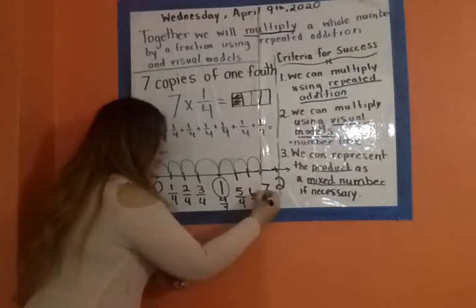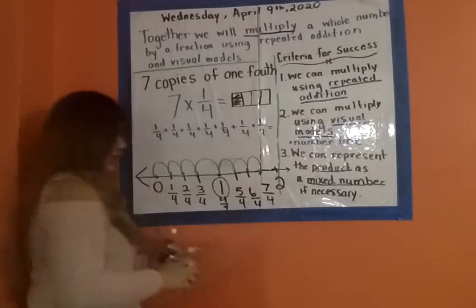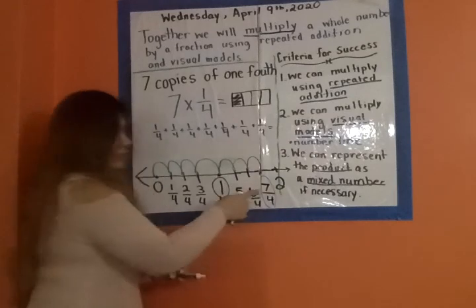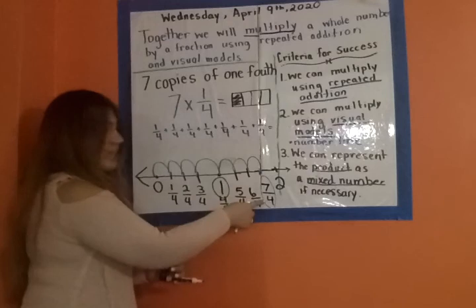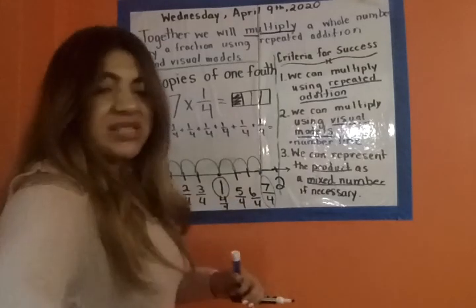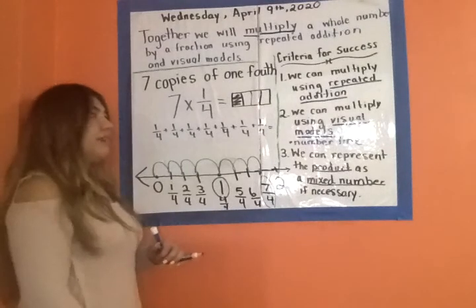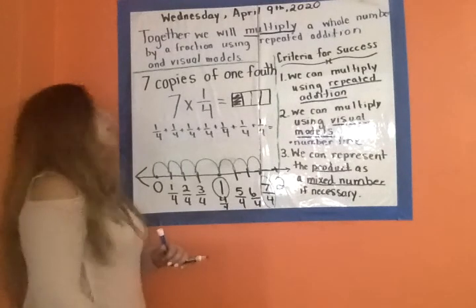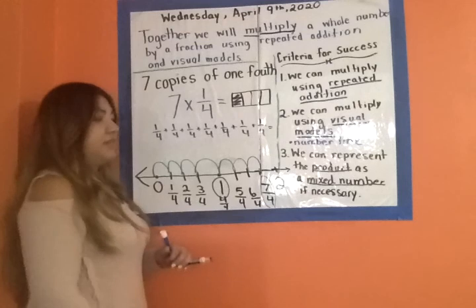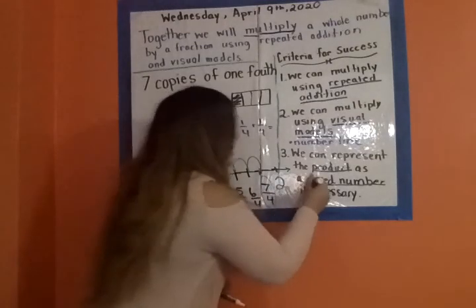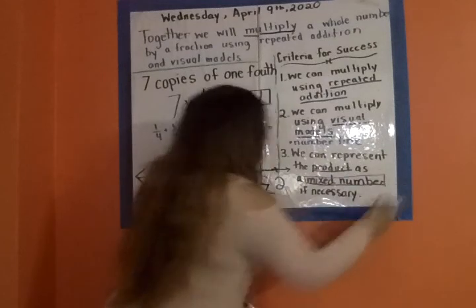Okay, now here's where I have to stop, because I noticed that 7/4 has a numerator that's greater than the denominator. So we tend to call those what kind of fractions? Improper, right? We know that in a fraction, you should have a numerator that is less than the denominator. And so, criteria for success, we need to make sure that we represent this as a mixed number.